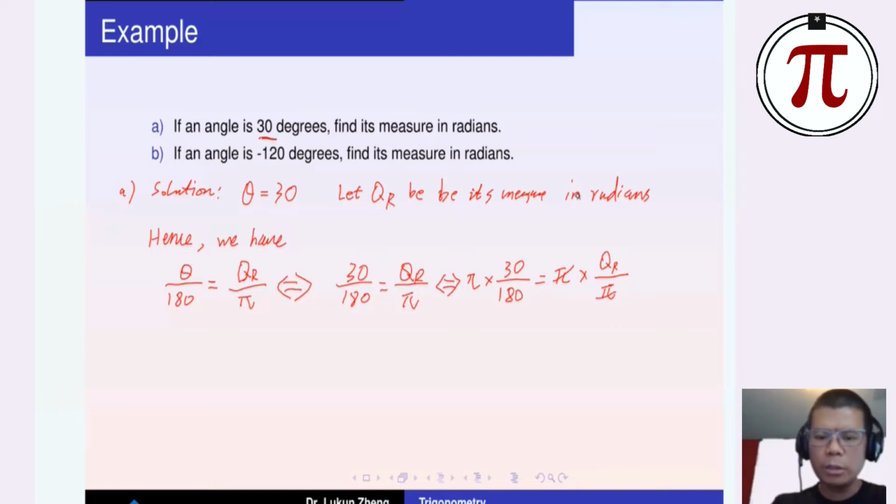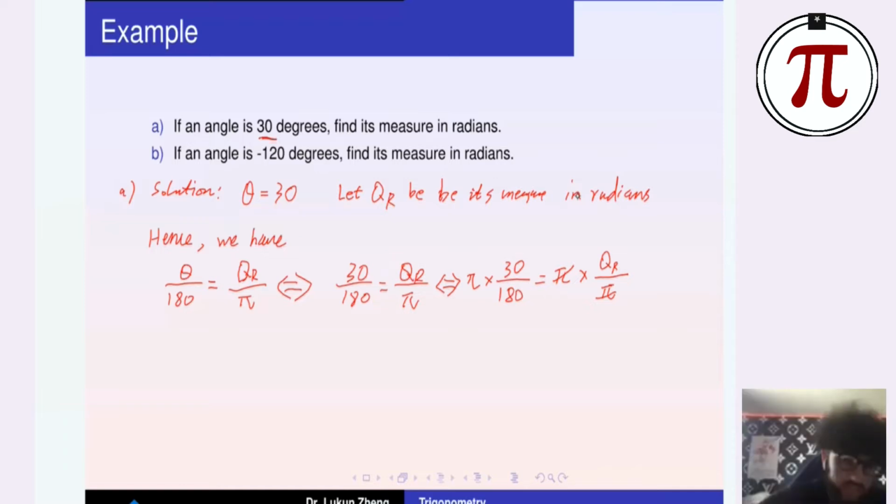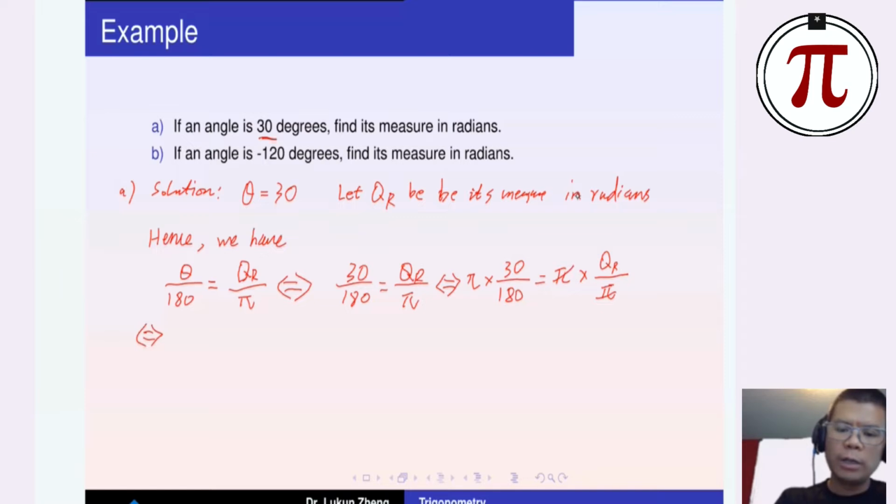And 30 and 180: if you divide, is it 1 over 6? Yes, it's 1 over 6. Very good. So this is an equation, and I can write theta r equals pi times 30 over 180.